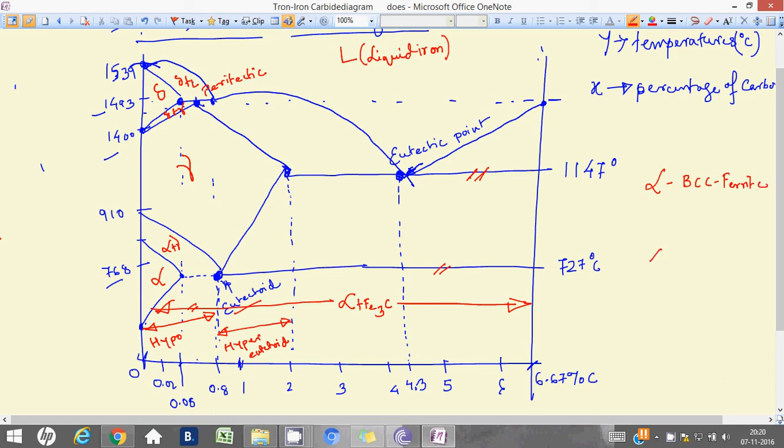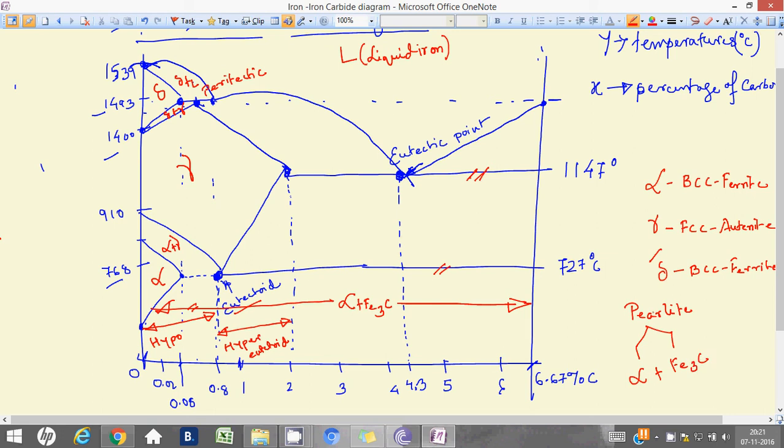We should know alpha is BCC ferrite and gamma is an FCC structure called austenite. And our delta is again a BCC ferrite. One should know that there is a term called pearlite, which is nothing but the addition of alpha plus this Fe3C.